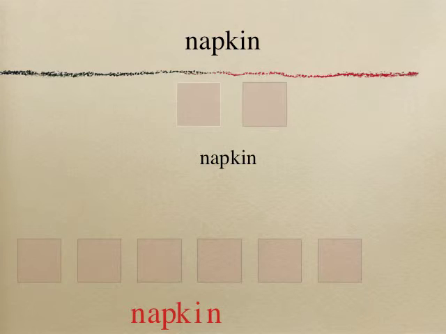Napkin. And again, find the vowels. Find the consonants. Split between them. Nap. Kin.